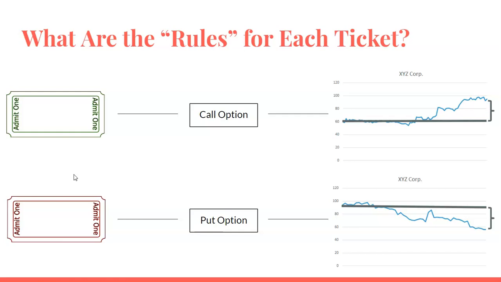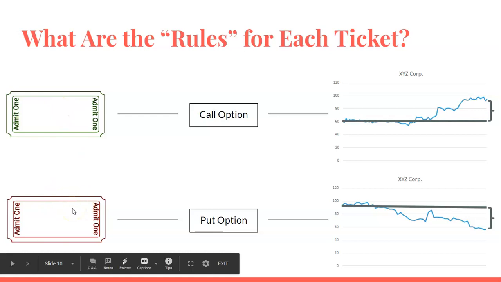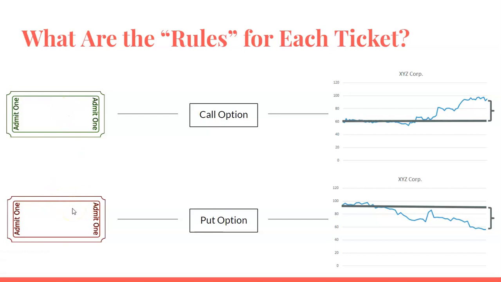Okay, so what are the rules, quote unquote, for each ticket? Now, just like we talked about before, we have the green lottery ticket and the red lottery ticket. The rules here state that for a call option, we want the price of the underlying stock to go up.